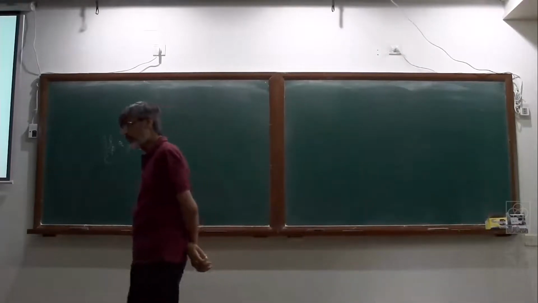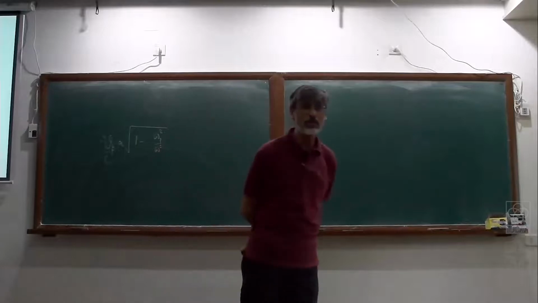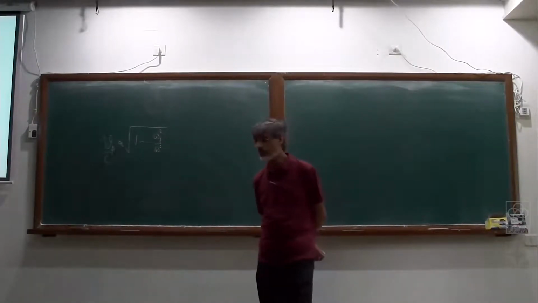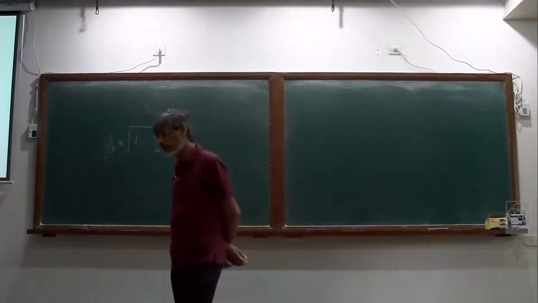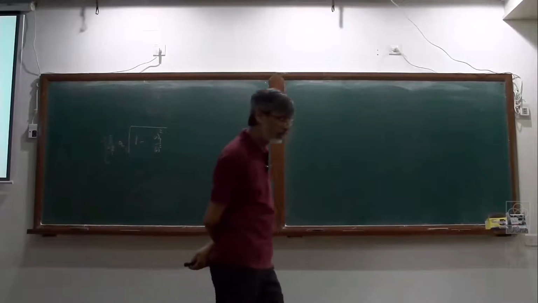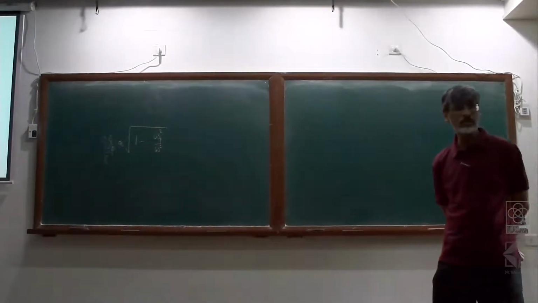There are better ways of measuring distance if the pulsar happens to be closer, and that is if you can measure its proper motion or parallax. If you can measure its parallax, then you can measure its distance much more accurately. That is not possible for most pulsars, but for some nearby pulsars it is possible.